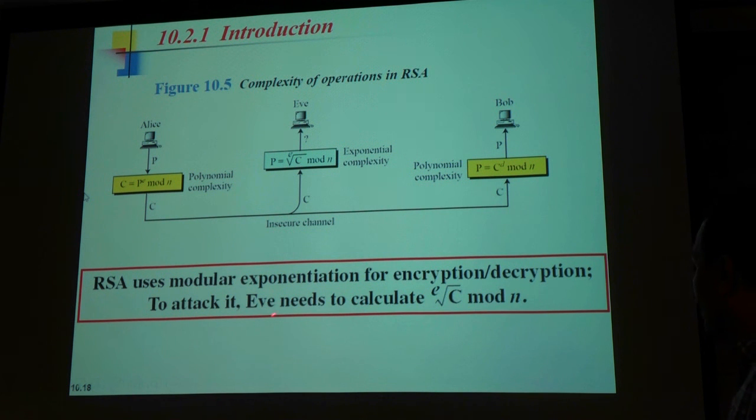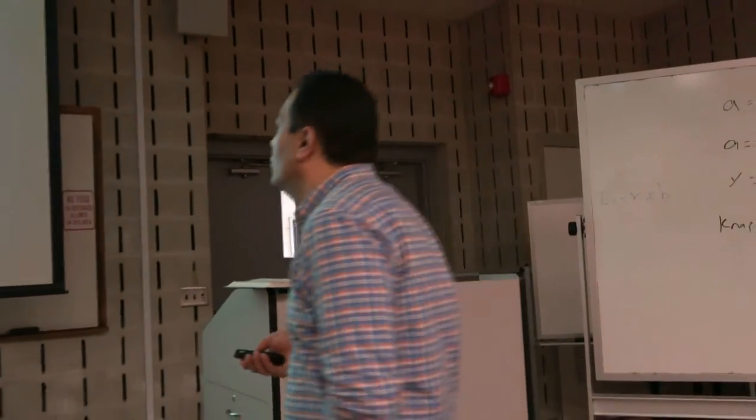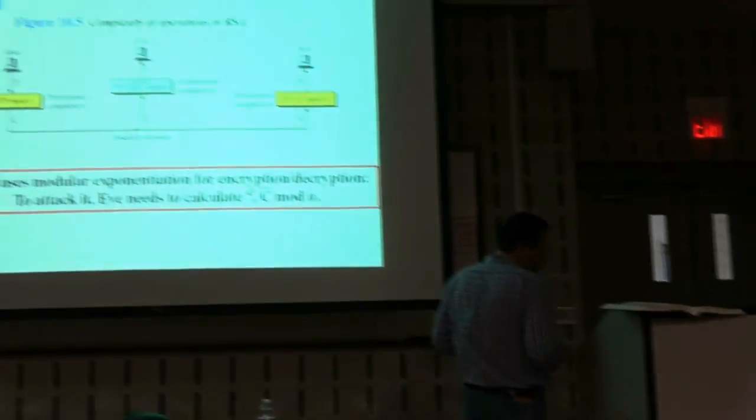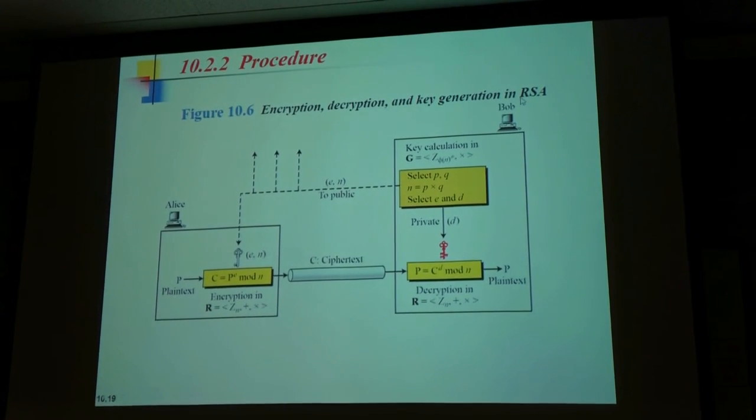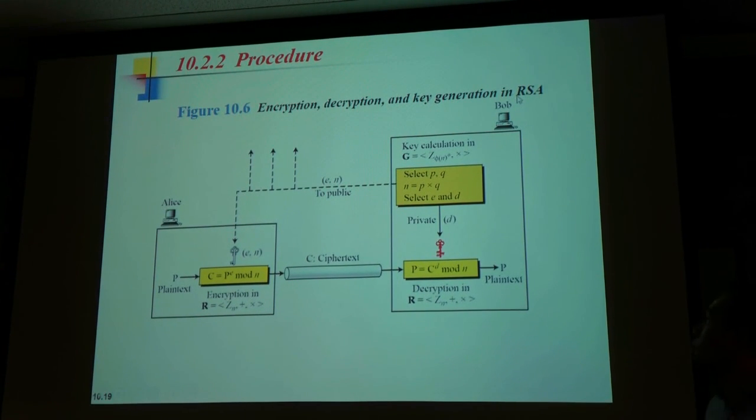To attack it, you need to calculate P. If you calculate P from C, you have to calculate C to the power E, and this is very hard to compute. It takes you forever to compute. So encryption and decryption, that's what will happen.